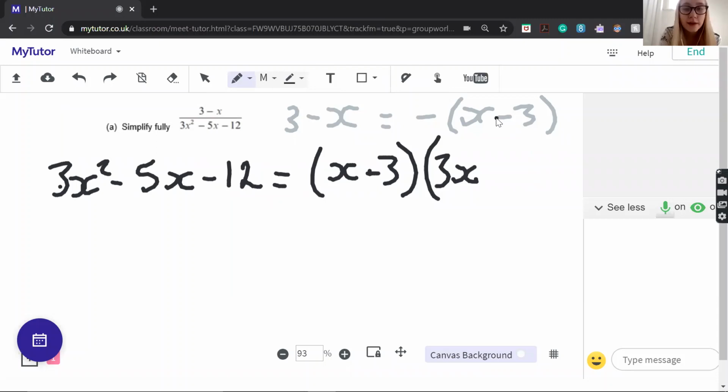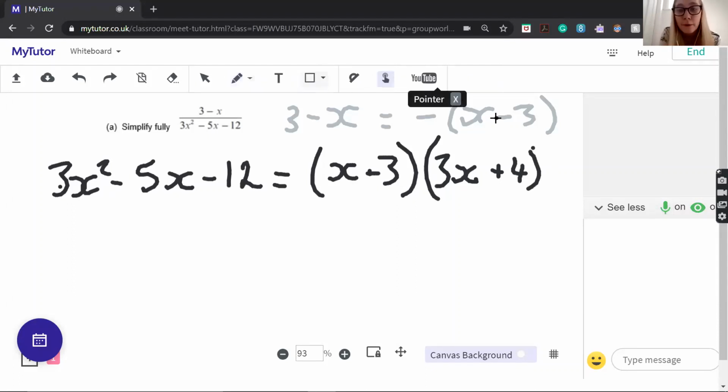And in order for this to make minus 12, this bit's going to have to be a positive 4. Let's check that works with our 5x. We get plus 4x minus 9x, and that makes minus 5x. So we've managed to factorise that with no real effort, because we've got into the examiner's head and realised that if they want us to simplify it, x minus 3 has got to be a factor. You can often do some sneaky tricks like that.